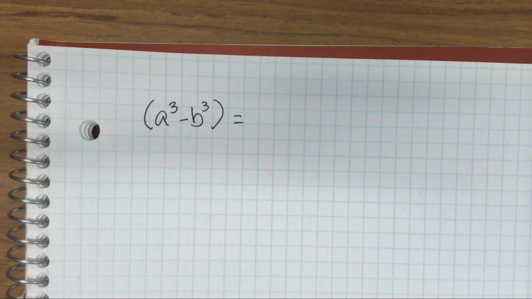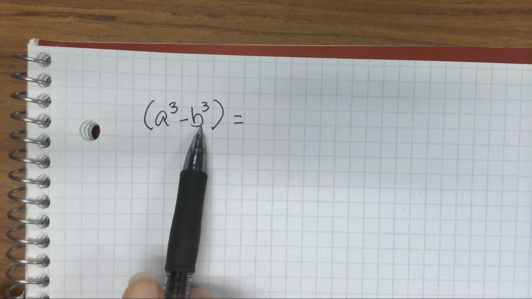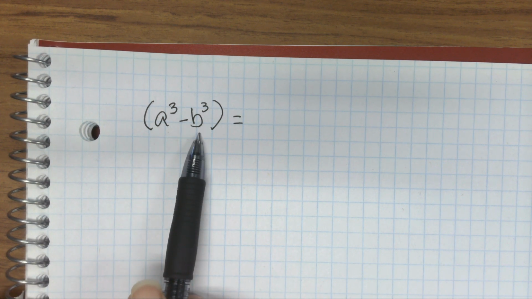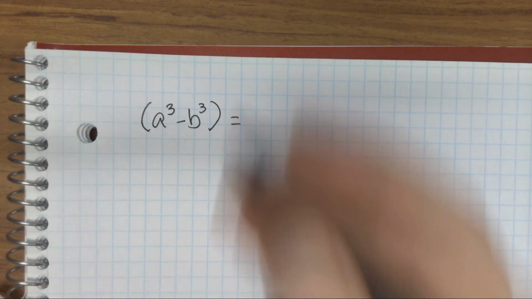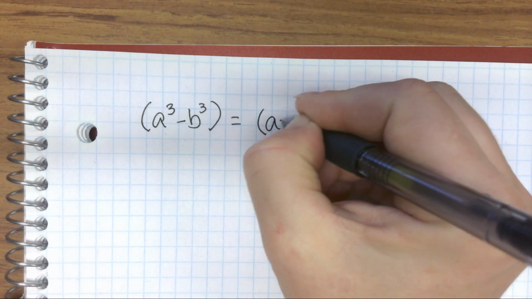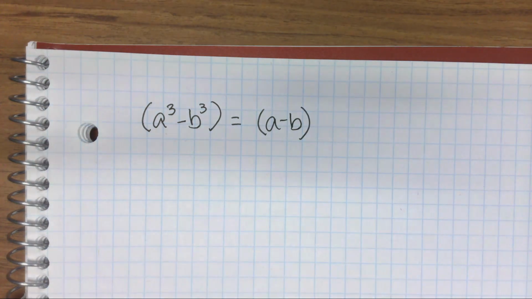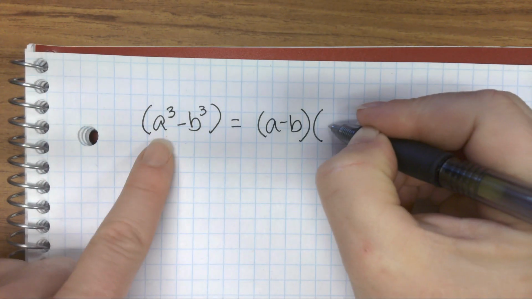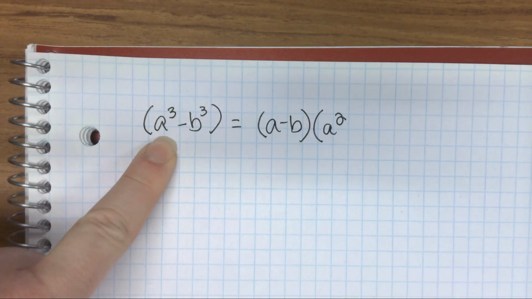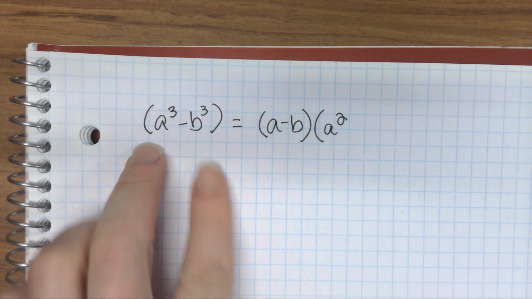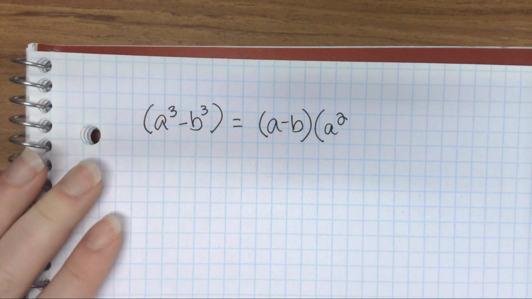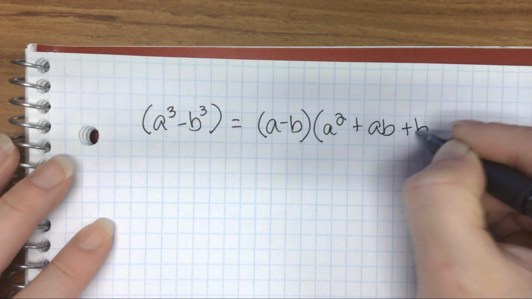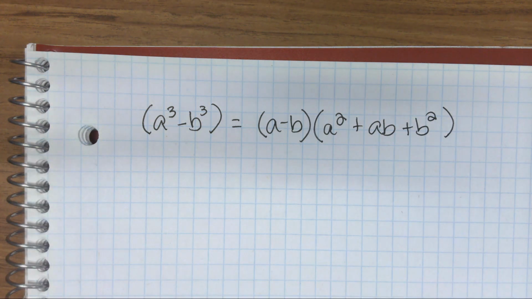The linear factor is whatever these are, you take the cube root of this, which would be a, and the cube root of this, which would be b. So it would be a minus b out in front. And then the trinomial is always going to be a squared plus ab plus b squared.